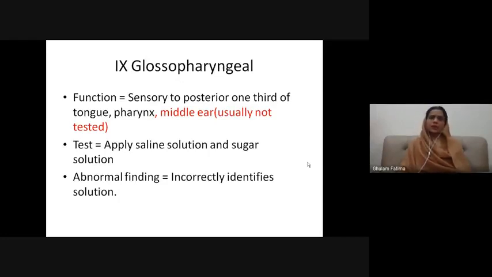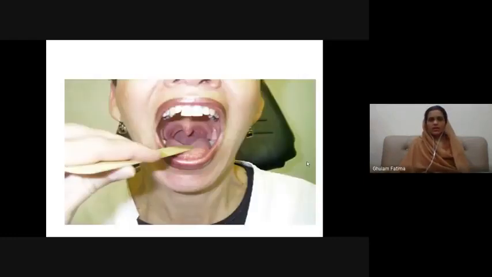The other sensory supply is to the pharynx, which can be checked through the gag reflex, and another supply is to the middle ear, but that is usually not tested. So coming towards the gag reflex, here you usually press the tongue with a spatula, and you will touch the soft palate, very close to the uvula.